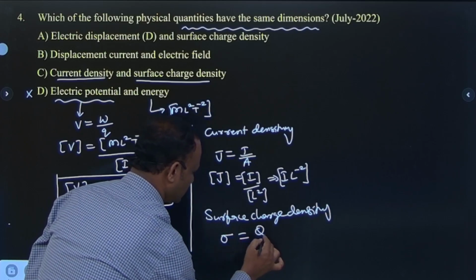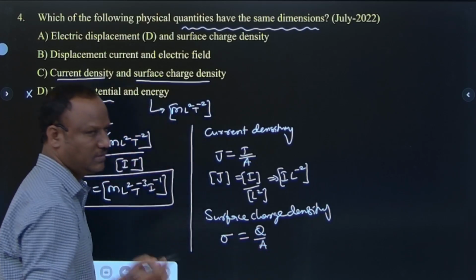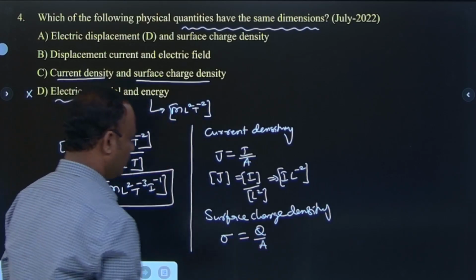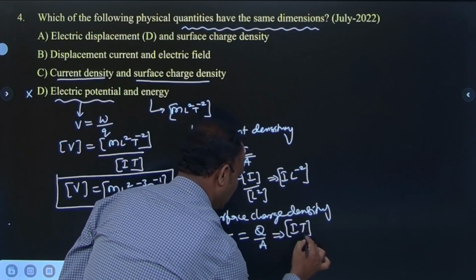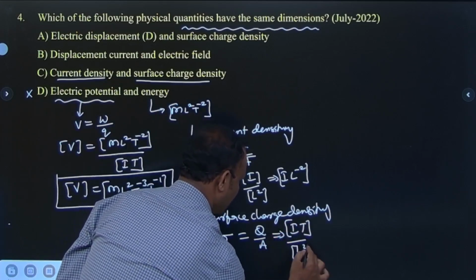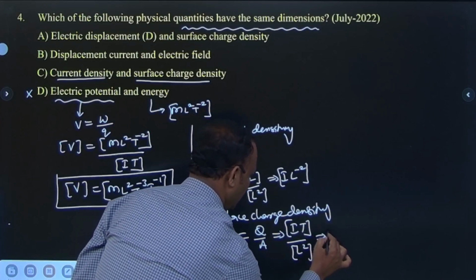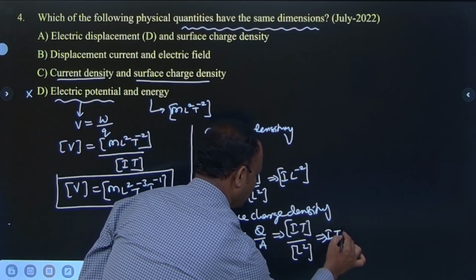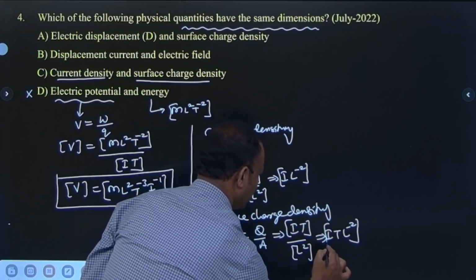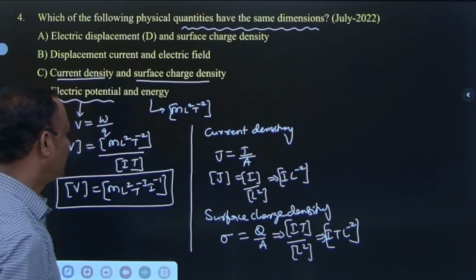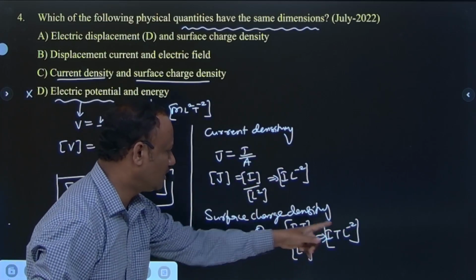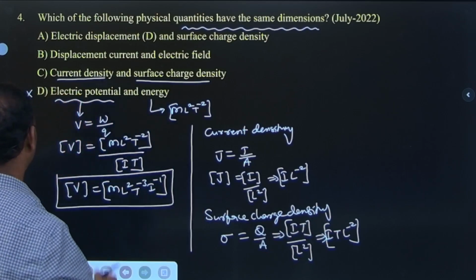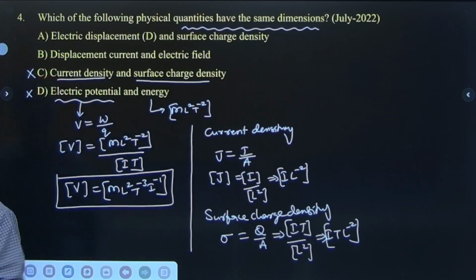Sigma is equal to Q by A, otherwise dQ by dA. So what is the dimensional formula? Q is IT and A is L square, the area, correct? Then it is I T L to the power of minus 2. So I L power minus 2 and IT L power minus 2. Are these two equal? No, this is not.